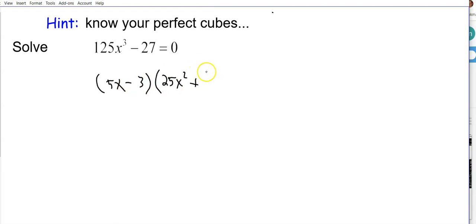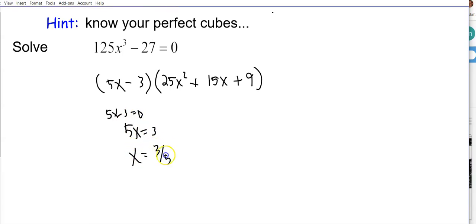A times b would be 5x times 3, or 15x. Plus, always for the last one, b squared, which is 3 squared, which is 9. Okay, so now we've got to set this equal to 0. So 5x minus 3 equals 0. So 5x equals 3. So x equals 3/5. I've got one of my answers.